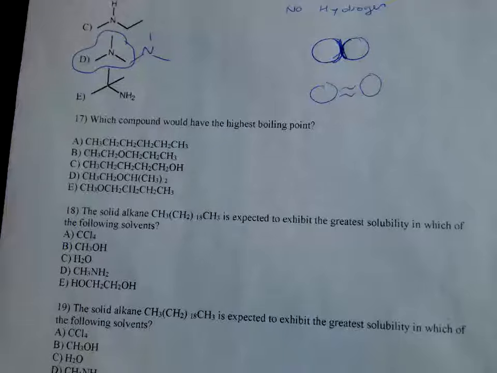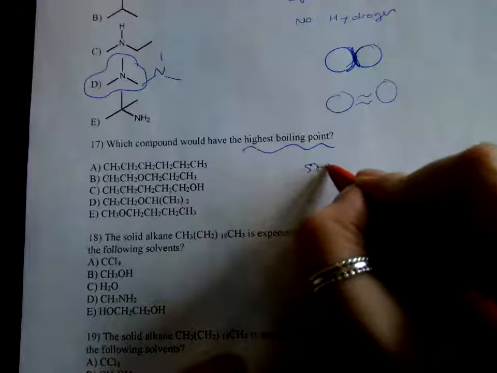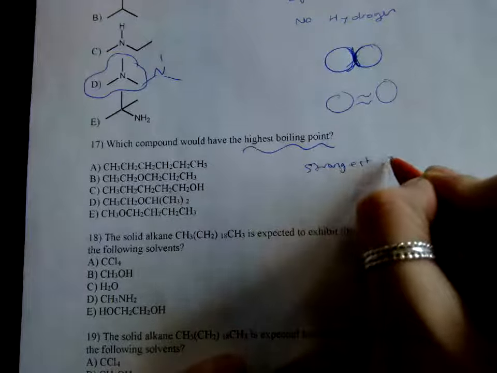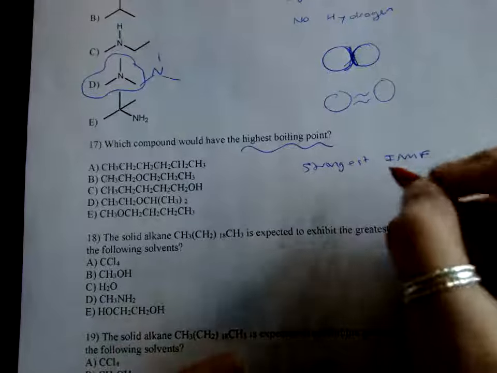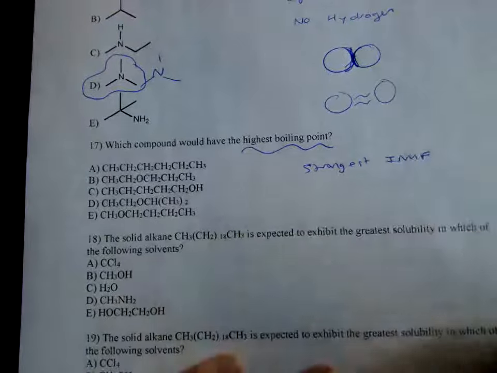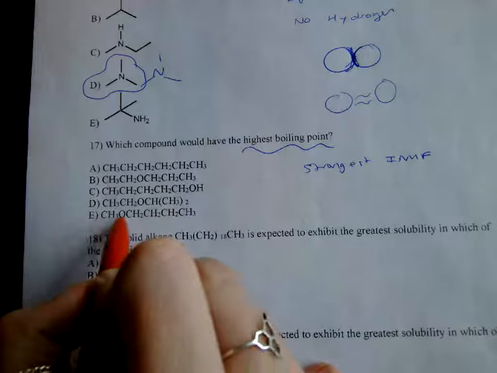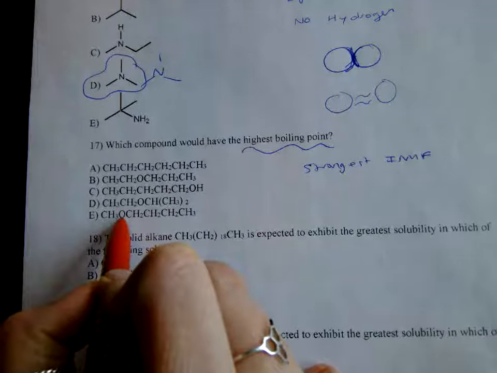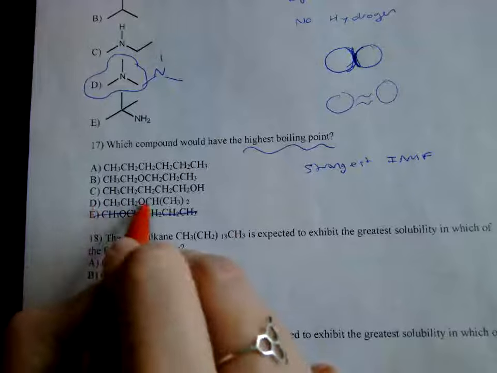Okay, 17 is the opposite question, which would have the highest boiling point. These are the strongest intermolecular forces, so they're not going to want to separate out. So you're looking for the most hydrogen bonding. I'll just start from the bottom here. This oxygen isn't bonded to hydrogen, fluorine, or nitrogen, so it's just going to have dipole-dipole. Same thing here.